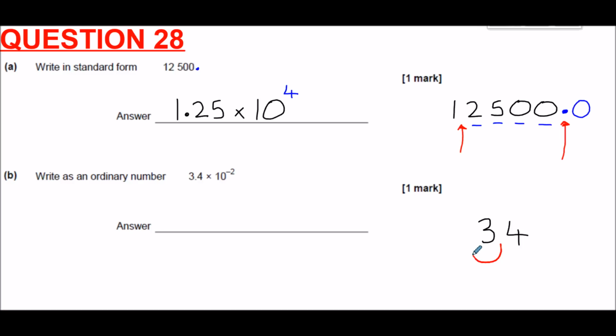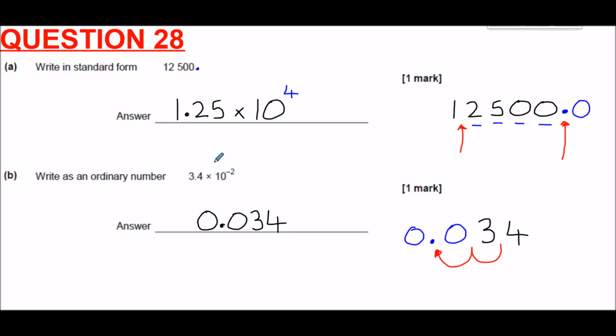So it's going to go over the 3 and jump over nothing. Now nothing in maths is a 0. So the decimal will land here. Because it's a -2, we move 2 numbers left. Decimal was there, it'll end up here. So the answer to this one would be 0.034.